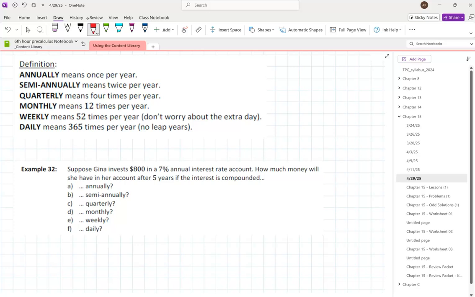Jean invests $800 in a 7% annual interest account. How much money will she have in her account after 5 years if the interest is compounded? And then we'll do this problem 6 different ways: annually, semi-annually, quarterly, monthly, weekly, daily, to just get a feel for how big of a difference the number of compounds per year makes, if everything else stays the same. Everybody's okay with that plan?